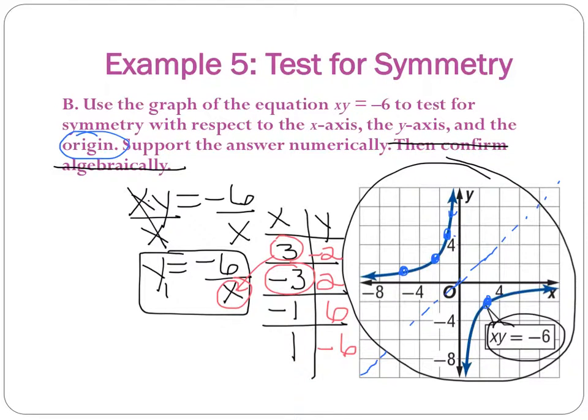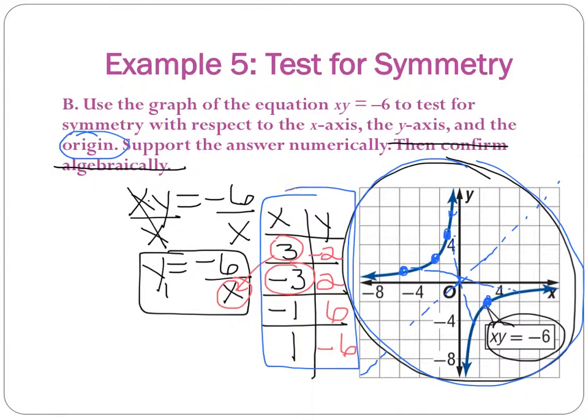This point would reflect down here, and this point would reflect over here somewhere. So what we have is a demonstration of a graph that has origin symmetry. We've confirmed it numerically by showing that opposite x values are paired with opposite y values, and therefore we have origin symmetry.